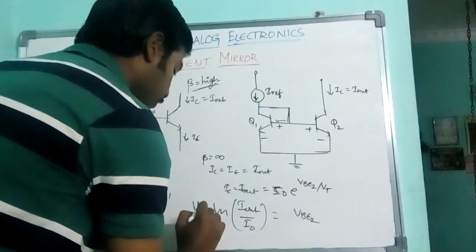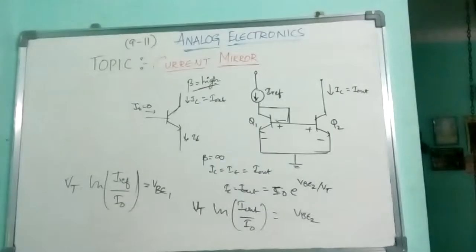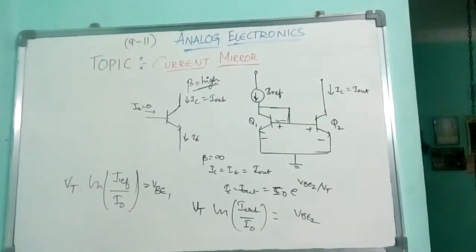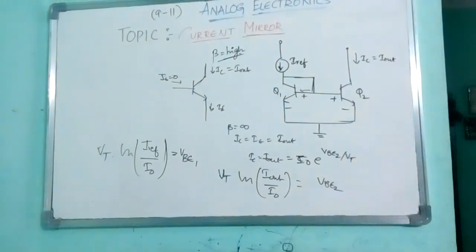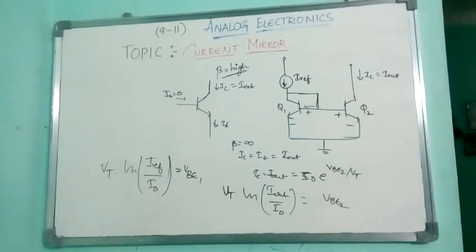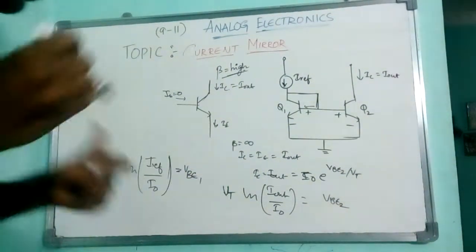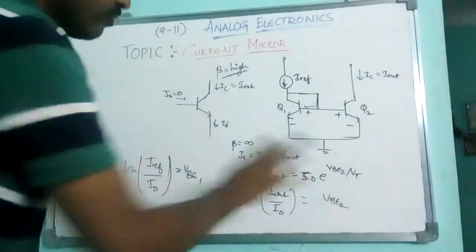Then I get VBE2 equal to VT into log of I out by I naught. So this is VBE1, this is VBE2.